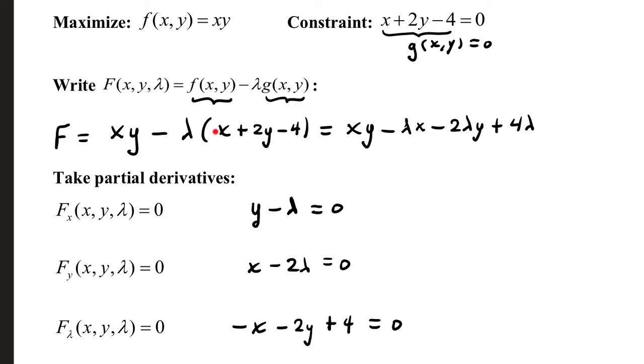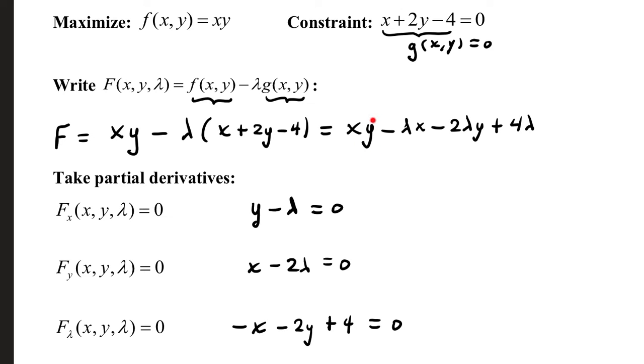That goes in right after the lambda, so lambda times x plus 2y minus 4. After distributing the lambda, we get xy minus lambda x minus 2 lambda y plus, because of the two negatives, plus 4 lambda.